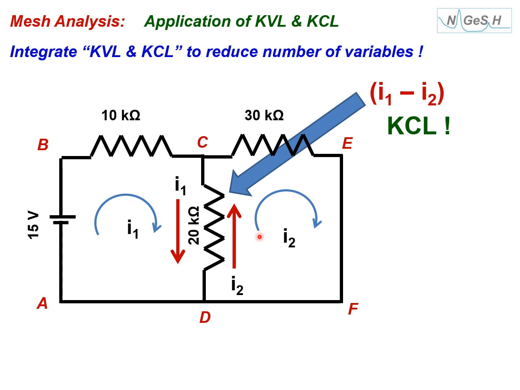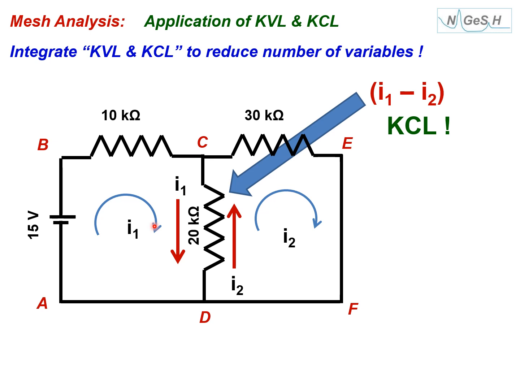So let me repeat. In mesh analysis, we first see the meshes. You have two meshes here, and define or assume current directions. As I told earlier, you have to assume current directions, and if it turns out to be negative, then the real current is against the direction which you chose.